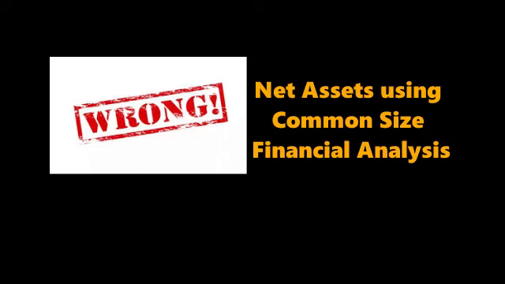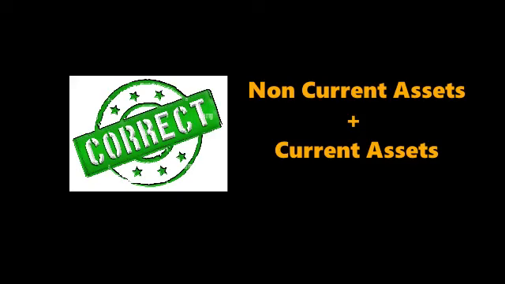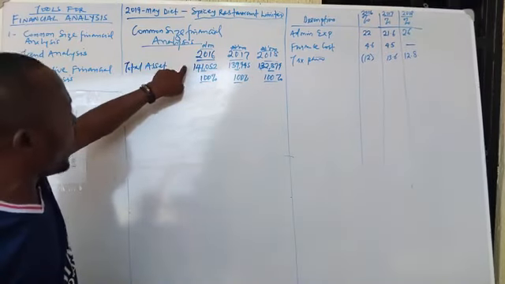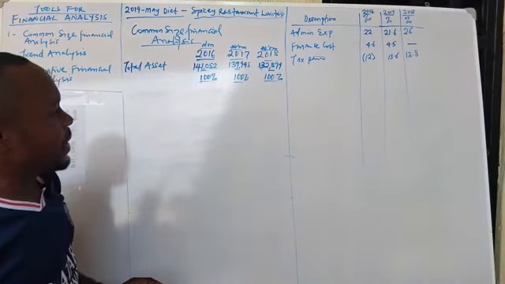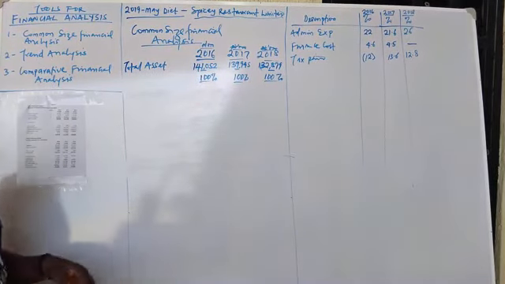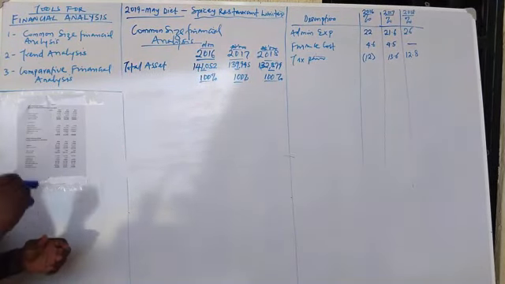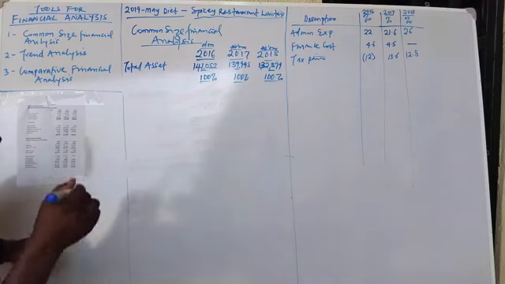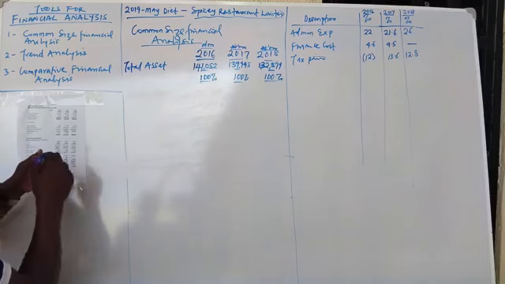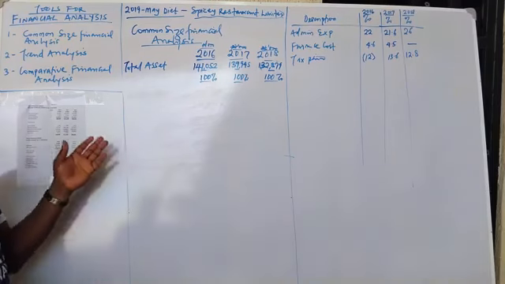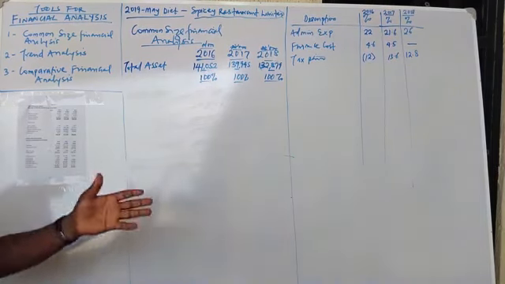We're supposed to use the addition of non-current asset plus the current asset, and that gives me this in 2016, this in 2017, and this in 2018. Now, this is what we are talking about using common size financial analysis. In your statement of financial position, the examiner can test you on any item.